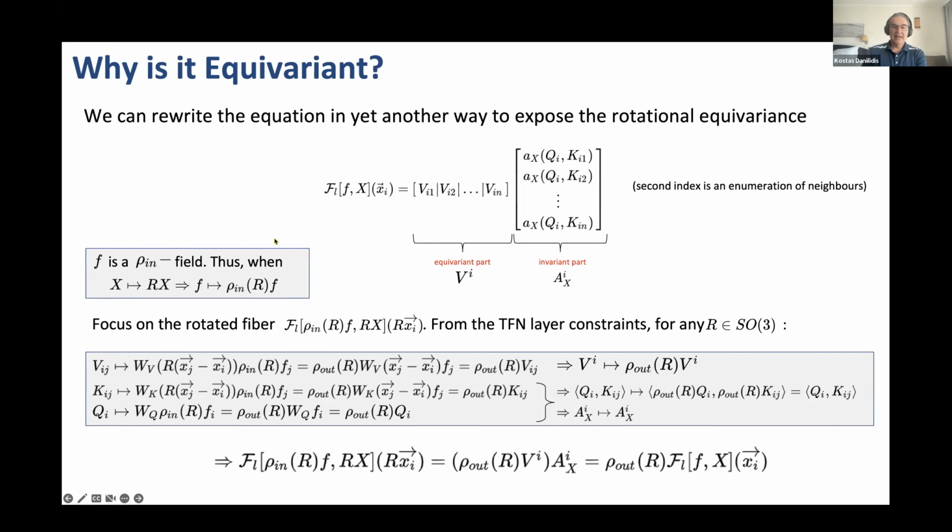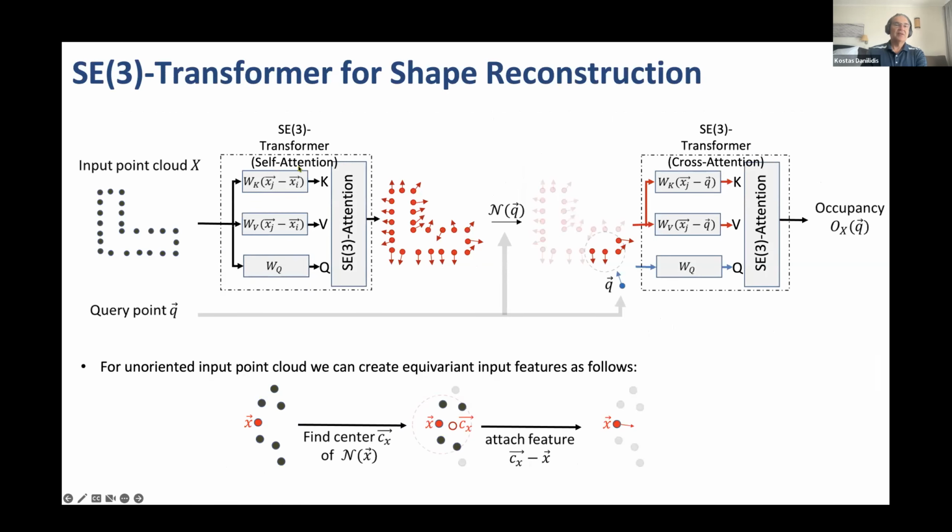And so we have rotation equivariance, we have translation equivariance, and we also have permutation equivariance, because at no point do we have anything but a summation across the points, and no weighted linear combination. So if we show this more schematically, for every neighborhood, we find the center CX.